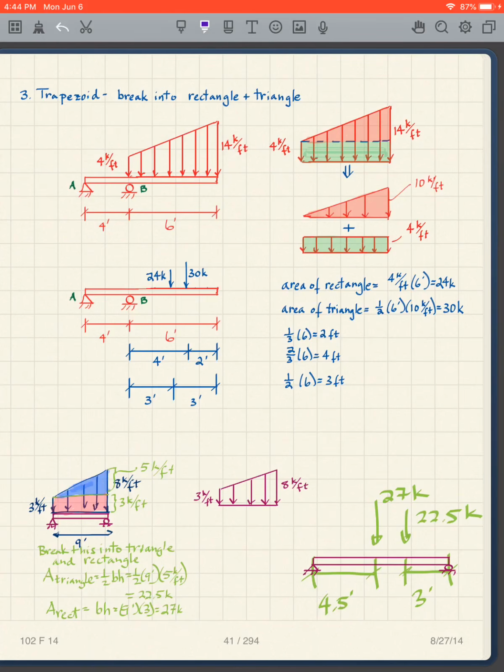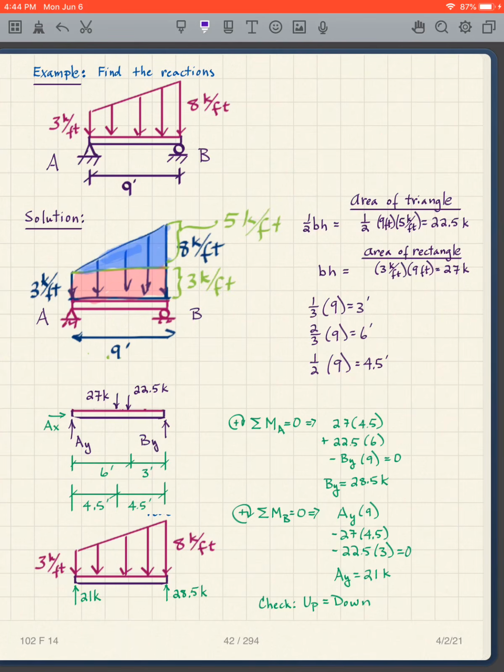Whereas the triangle, I end up with 22.5 kips at 3 feet. So that's this. We can now do the reactions using that free body diagram.